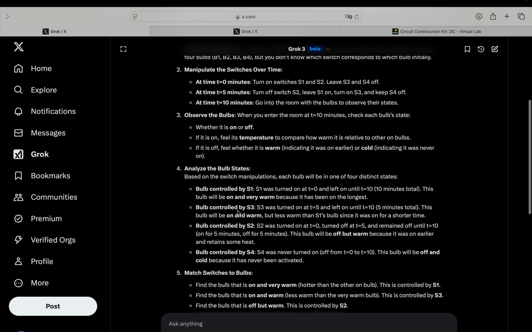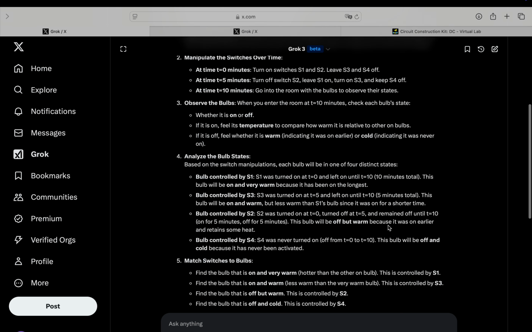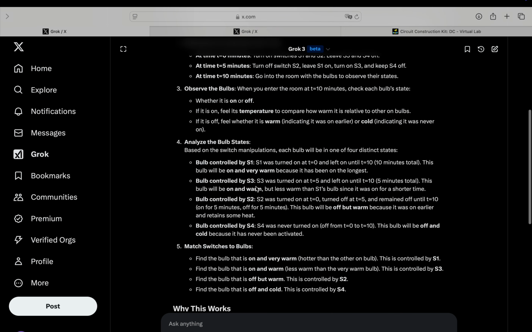And the bulb controlled by S3, first it's off and at 5 minutes on, halfway, right? When you enter the room, it's on. So S3 was turned on at 5 minutes and left on until the end, so 5 minutes in total. So this one should be warm and on, but less warm than S1's bulb, since it's on for a shorter time. Okay, very much the same as our reasoning.